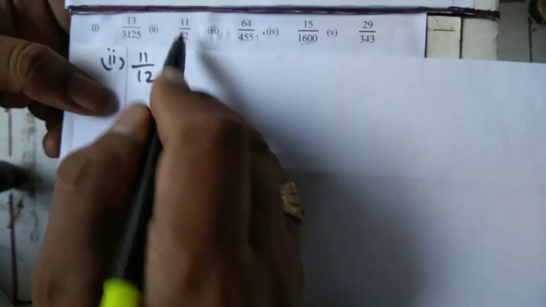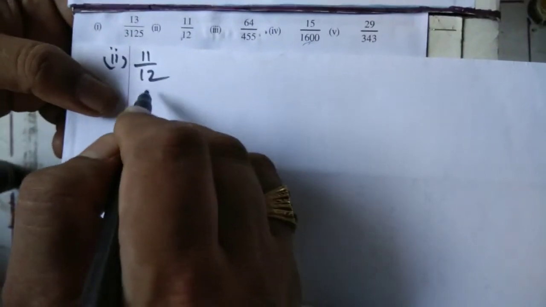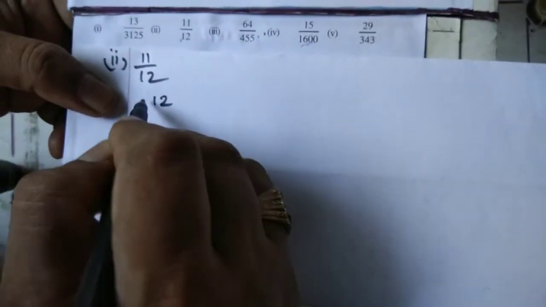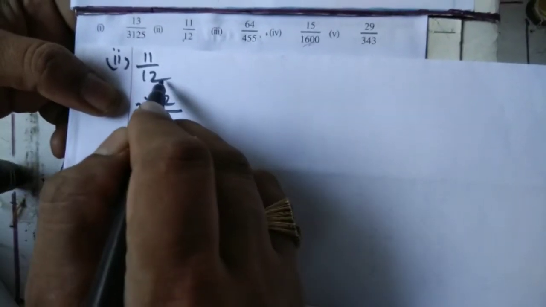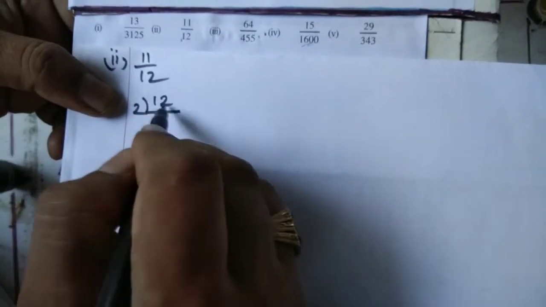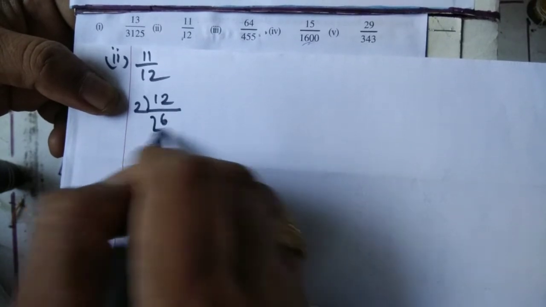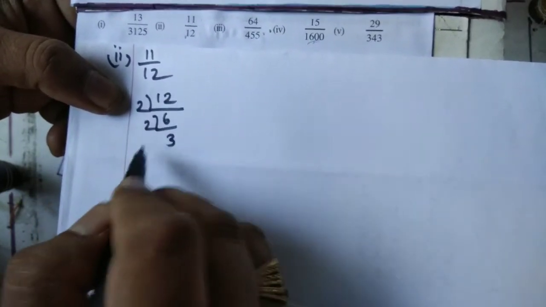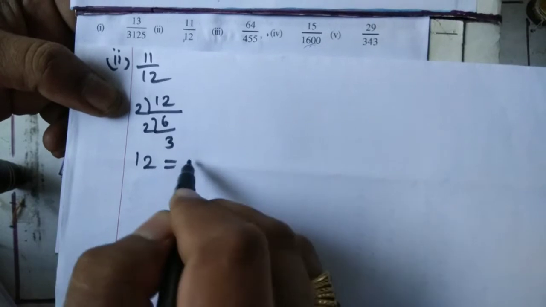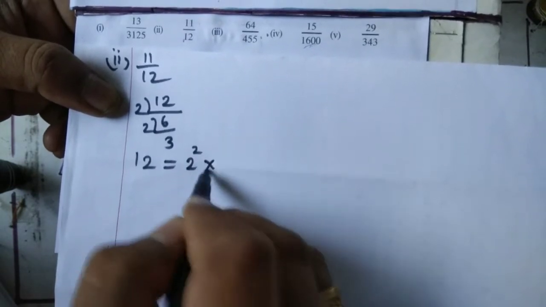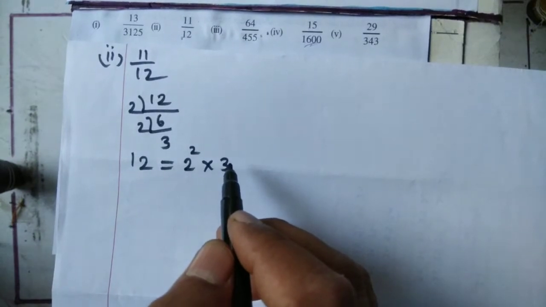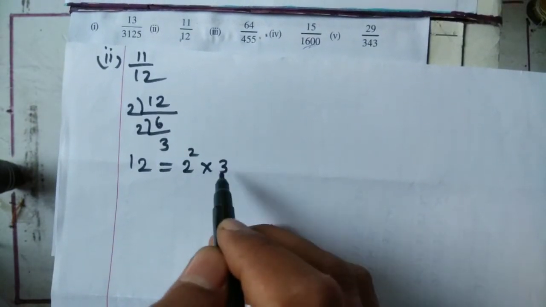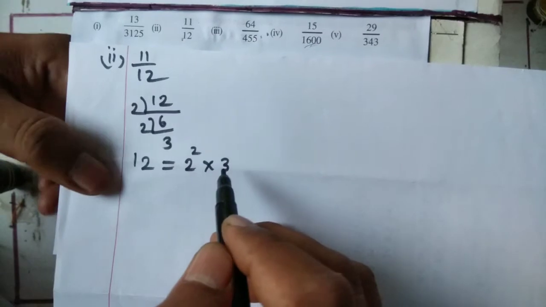Second problem, 11 by 12. Denominator is 12. So 2 6s, 2 3s. 12 is equal to 2 square into 3. So it is not of the form 2 power m, 5 power n.